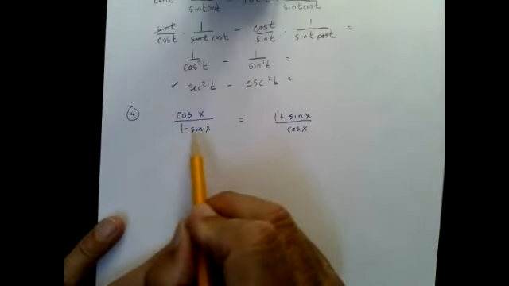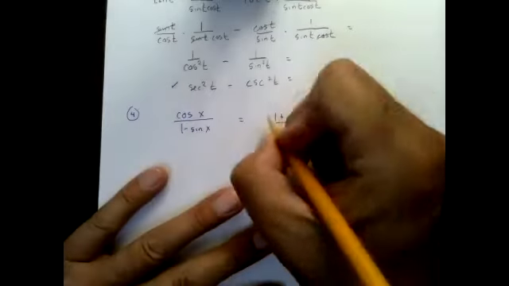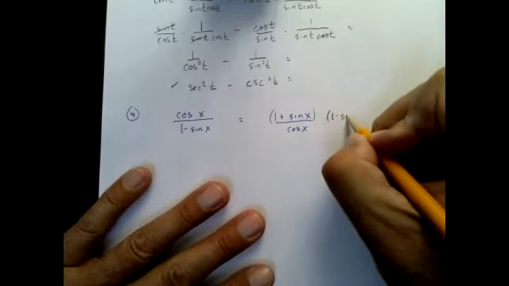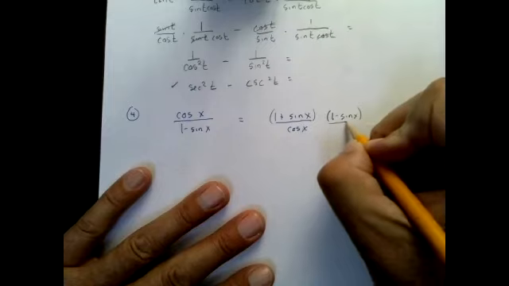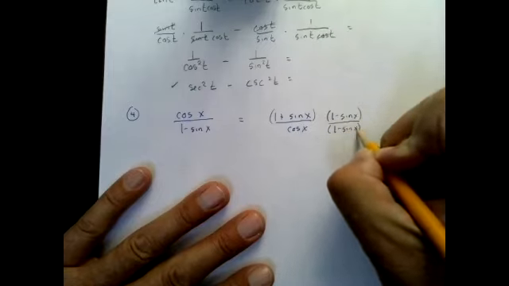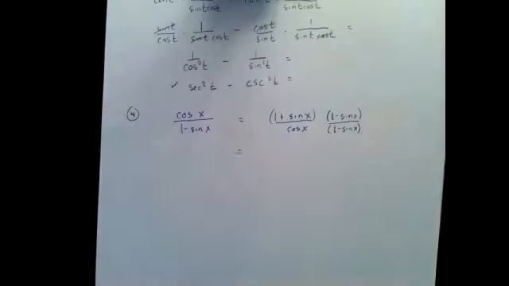Wouldn't it be great if I had this in the denominator over here? So the cheat, and again, the more you do of these, maybe the better you get: what if I multiply this by 1 minus sine of x over 1 minus sine of x? What's the numerator become?